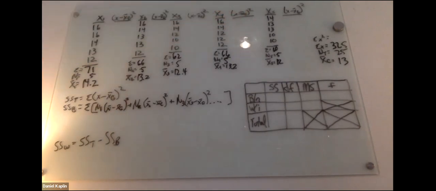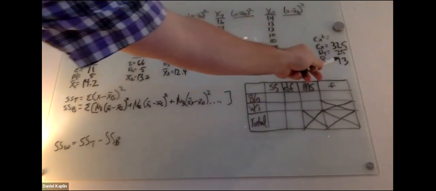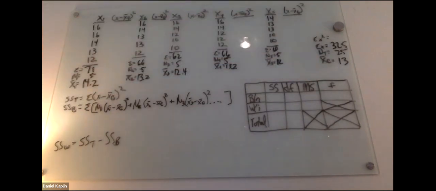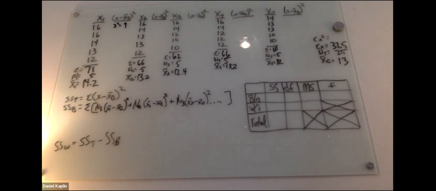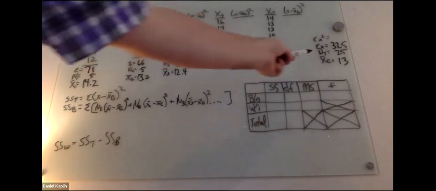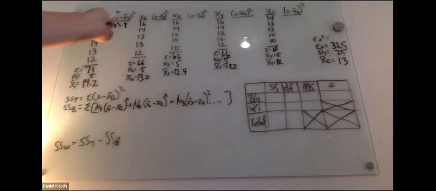And if I were to do the first one, x, which is 16, minus x bar g is 13. 16 minus 13 would be 3 squared, or 9. Does that make sense? So 16 is the individual score minus the grand mean, which is what's in parentheses. We get 16 minus 13 is 3, and we have the squared sign, which gives us 9.